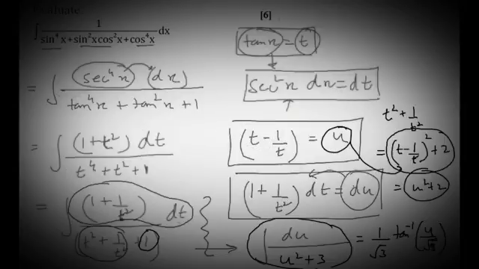This is our answer, but our answer should be in terms of x and not in terms of u. So let us substitute u. So you will be substituted as t minus 1 by t, but still that is not x. So then we will substitute tan x in terms of t, which will give us our final answer. Our answer right now is 1 by root 3 tan inverse of u upon root 3.